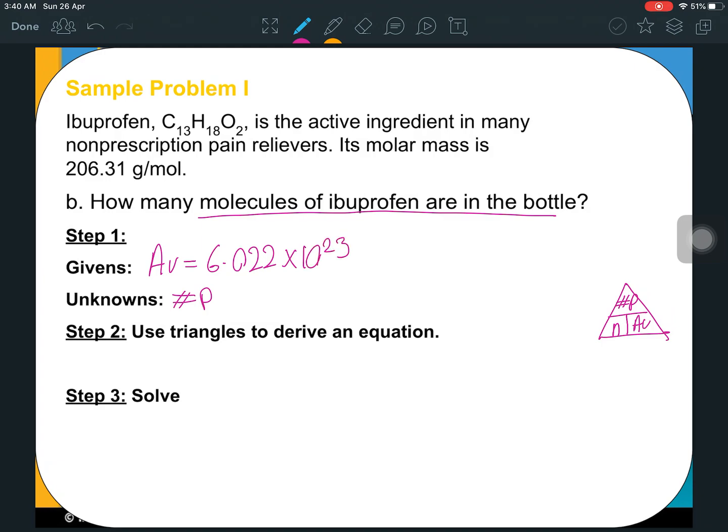Now, you guys remember, sometimes it's a really good idea to figure out which triangle you're going to use before you actually start pulling out your givens and your unknowns. Otherwise, you're just going to end up with so many different things and you're not going to know what to do with them. But I know Avogadro's number and I know my number of moles now.